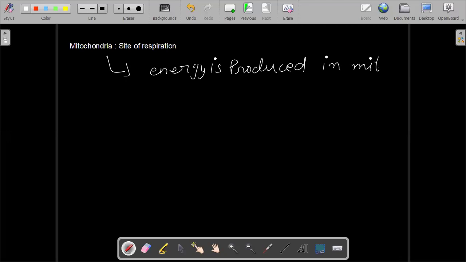But have you heard of any cells which do not contain mitochondria? No, sir, because all need energy for their life processes. Okay, what about the prokaryotic cells? Sir, they too have mitochondria. See, the prokaryotic cells do not have any membrane-bound organelles. So how can they have mitochondria?